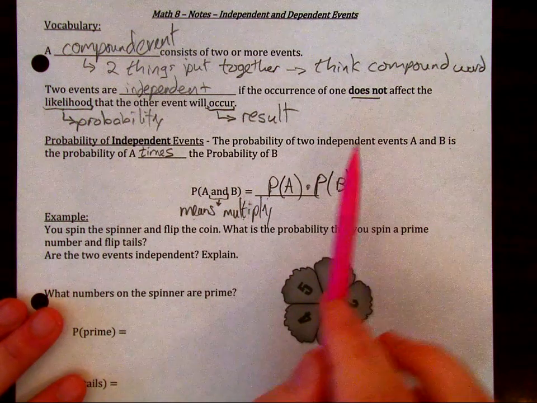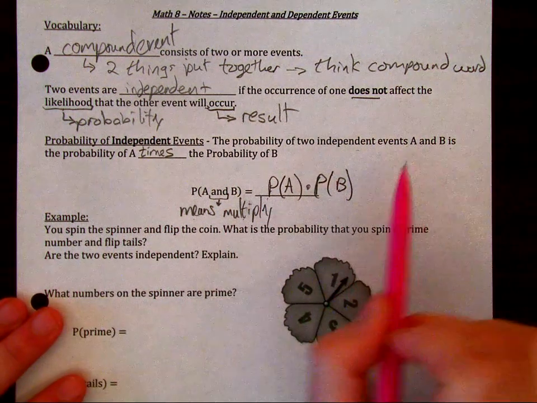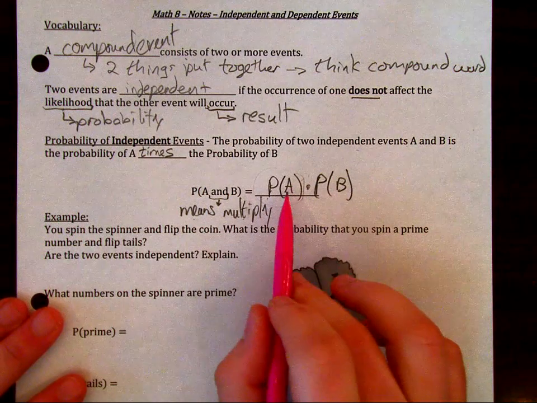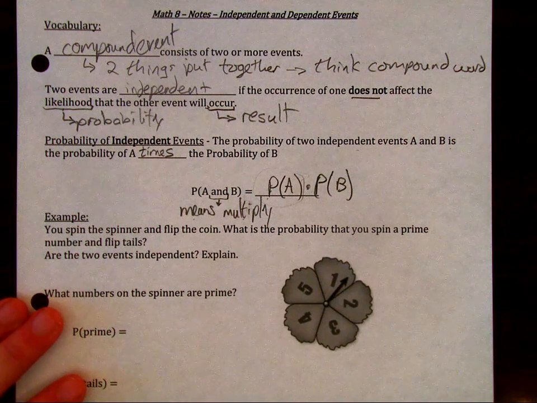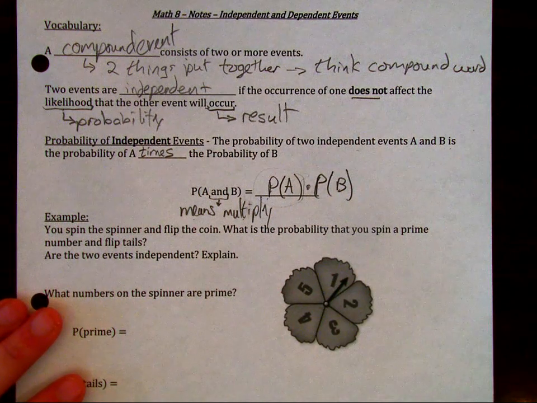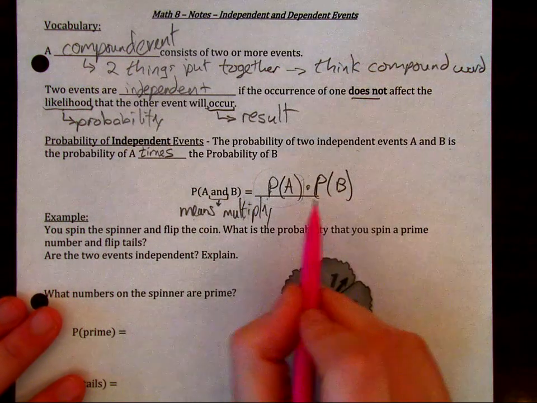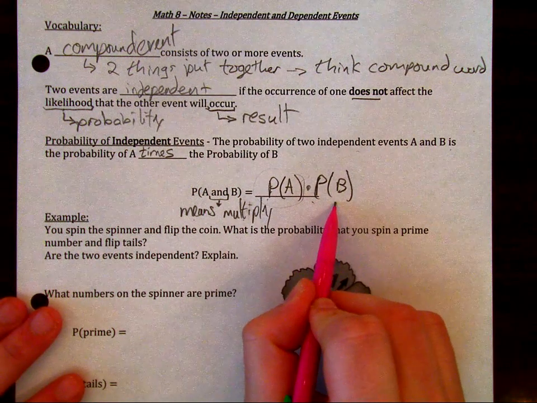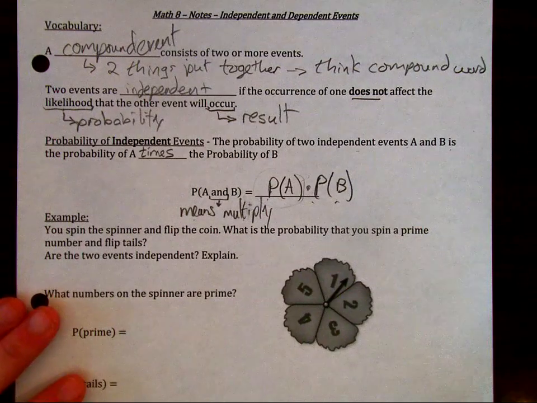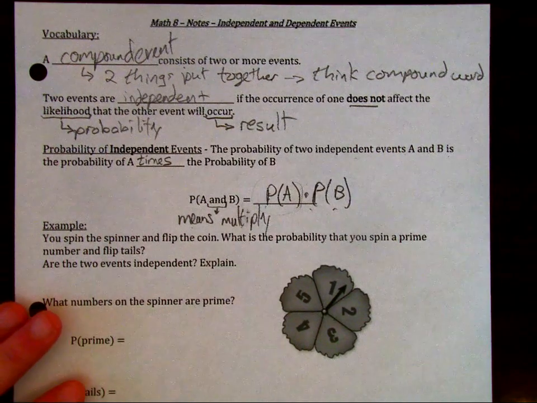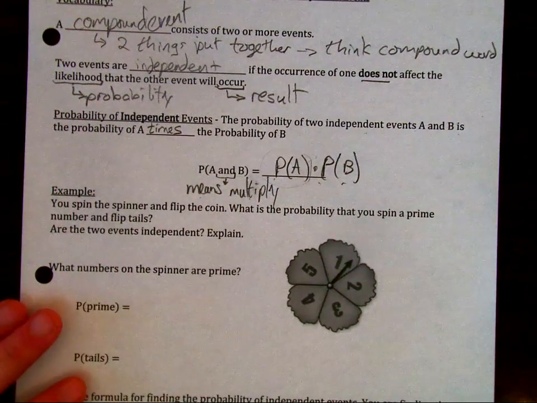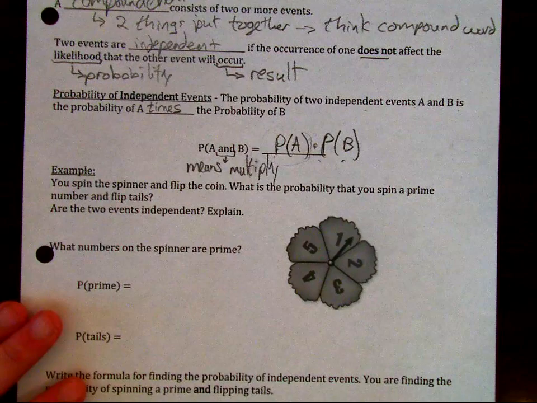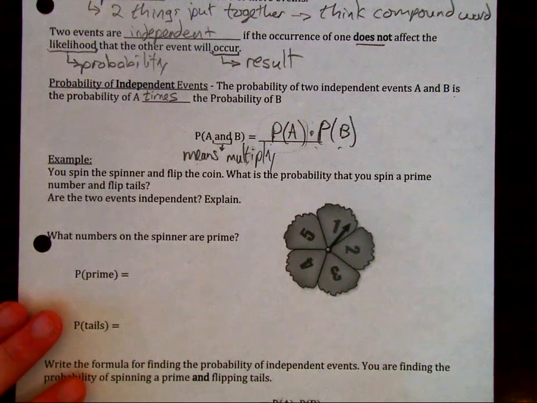When you say the probability of event A, that's just P, parentheses, A. So anytime I'm saying the probability of an event, I just write P and then parentheses with whatever the event is inside. Everybody okay so far? Okay.